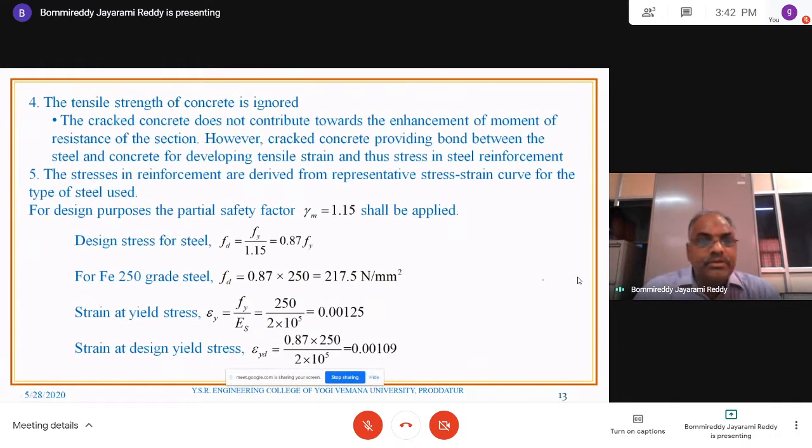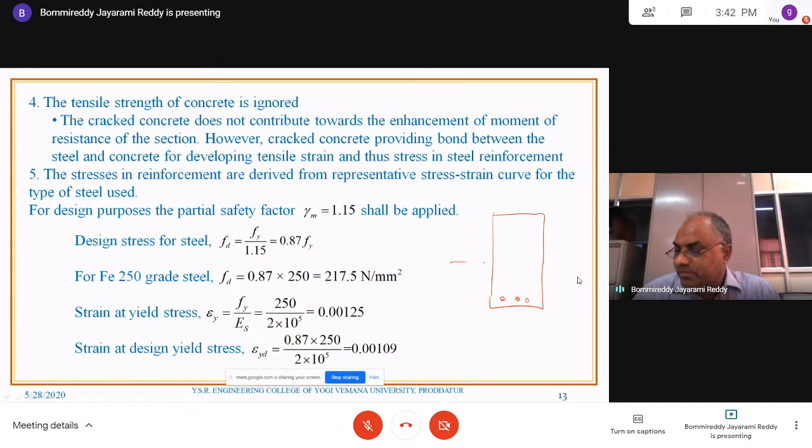Now look at another point, another assumption in the code. The other assumption is that the tensile strength of concrete is ignored. In the earlier case also you have seen that the entire tensile strength of the concrete is neglected.